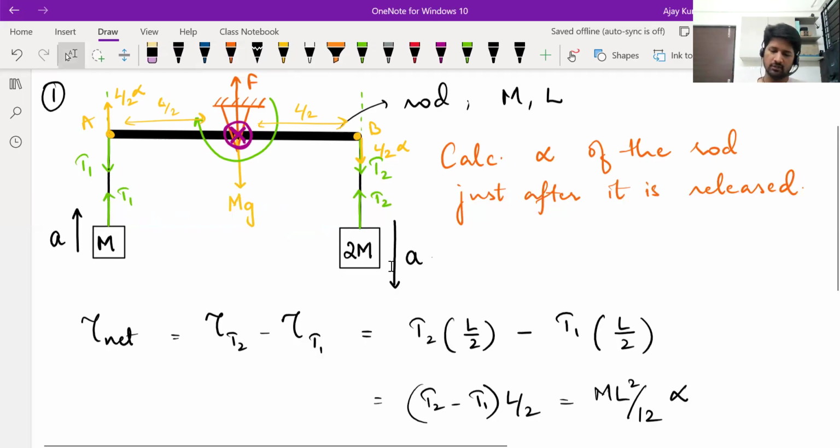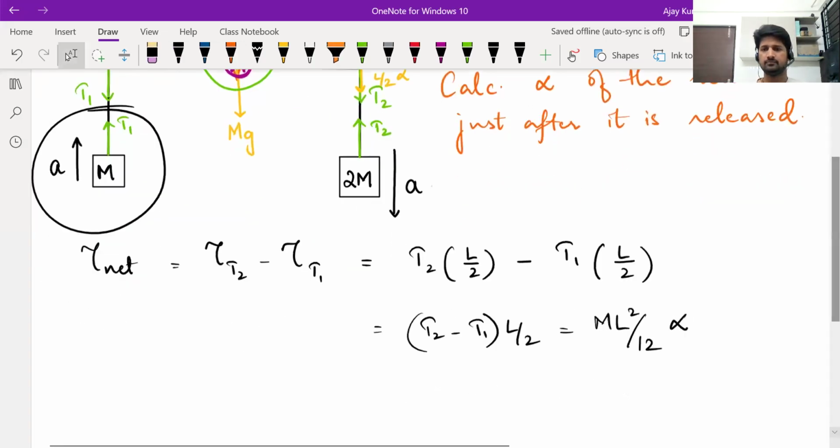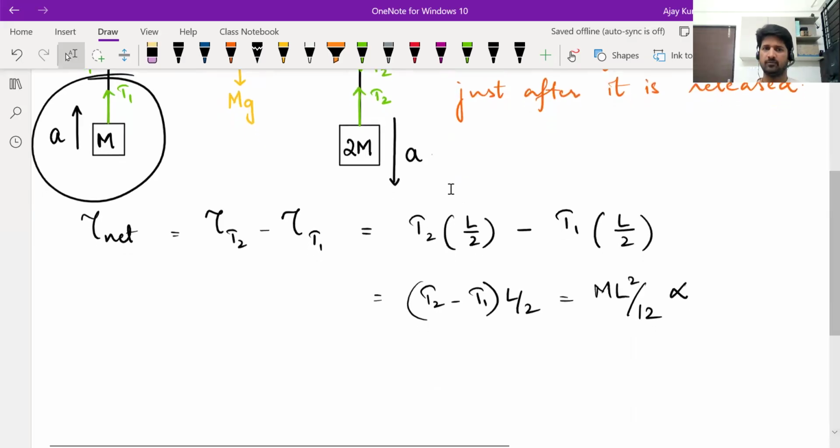Yusuf, can you tell me Newton's second law equation for the block of mass m? It is accelerating in the upward direction. You consider all forces acting on it and tell me how much is the net force. We'll equate it to mass into acceleration.